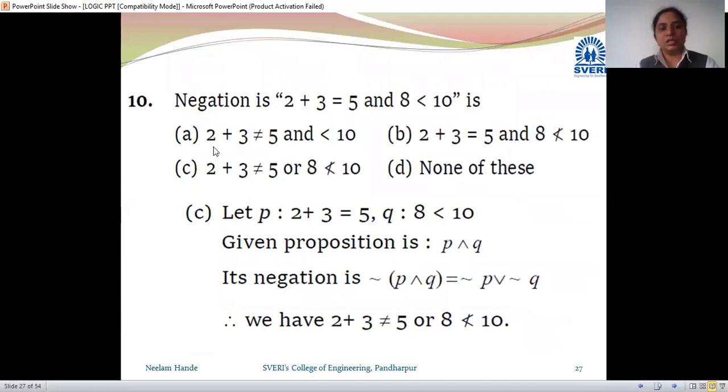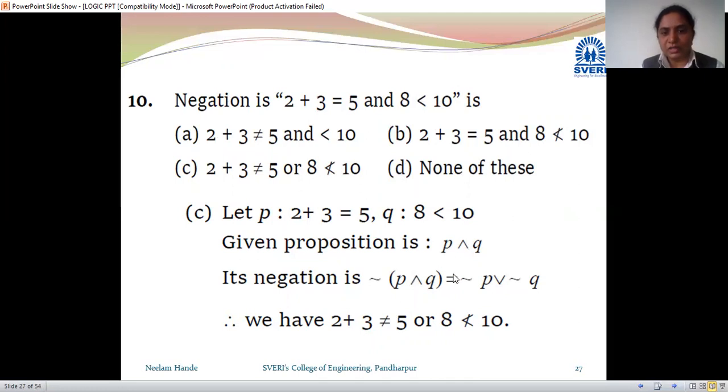Next, the negation of 2 plus 3 equal to 5 and 8 is less than 10. Once again there are two statements. The first statement is P, the second is Q, and in between, and, so P and Q is given.